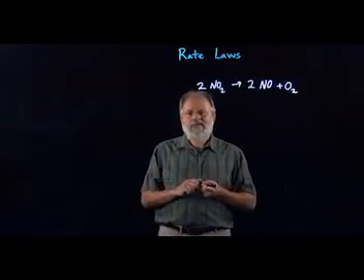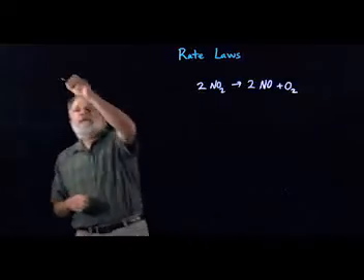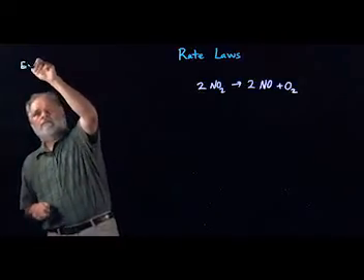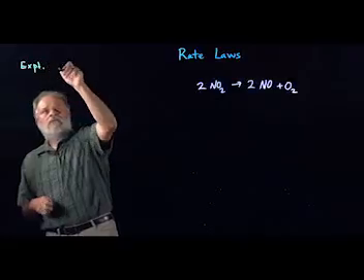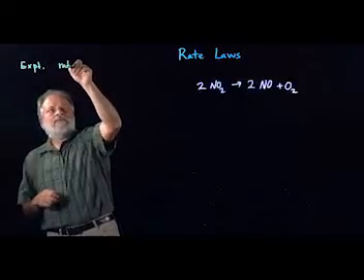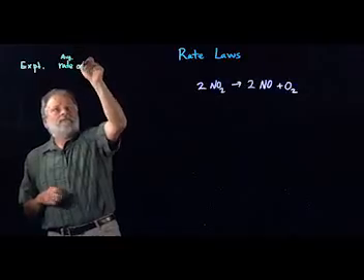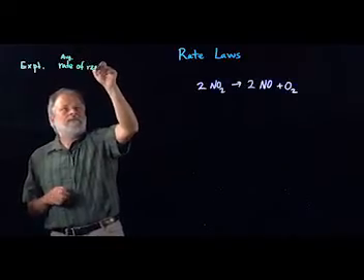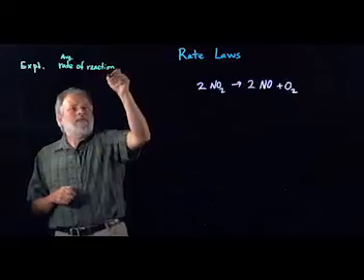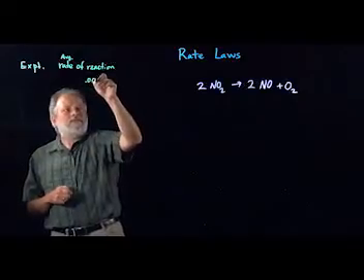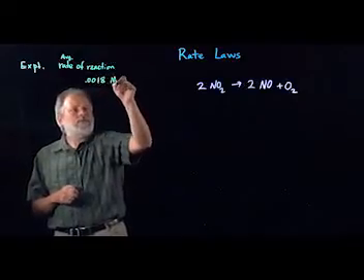And remember that we did an experiment, so I'm going to call it experiment 1. And we got the rate of reaction, average rate, and that was 0.0018 molar per second.